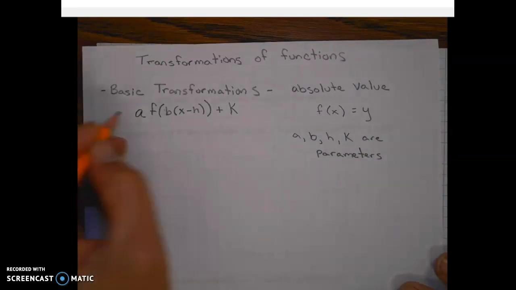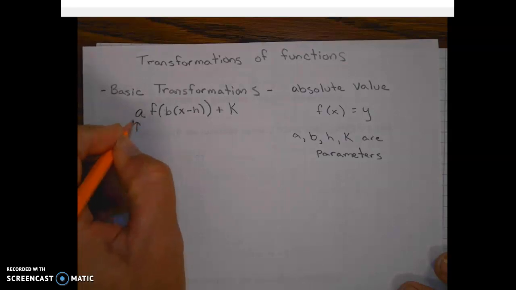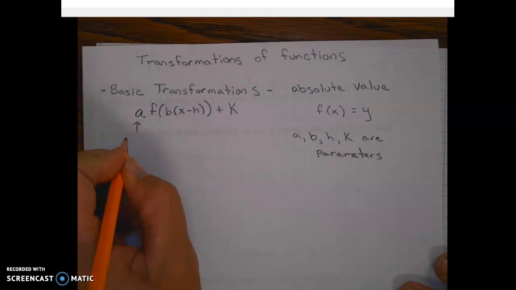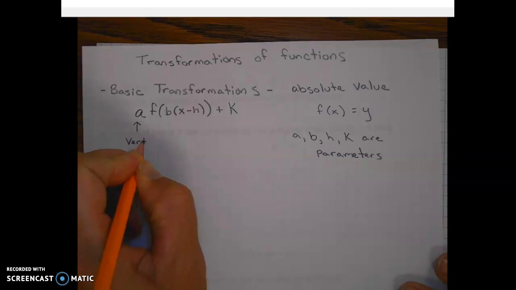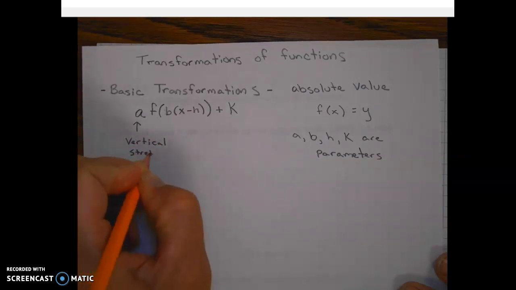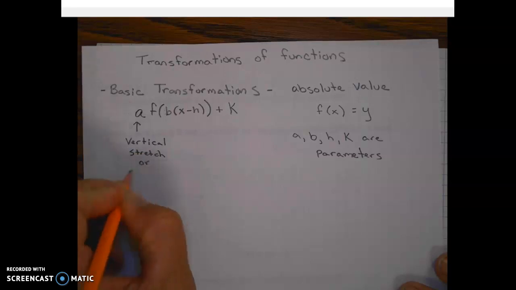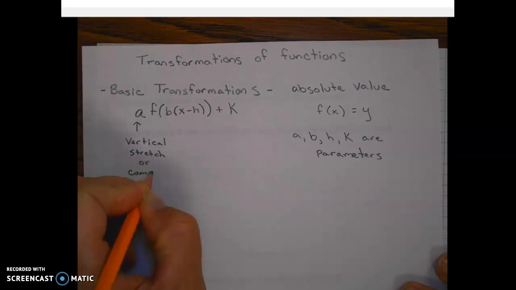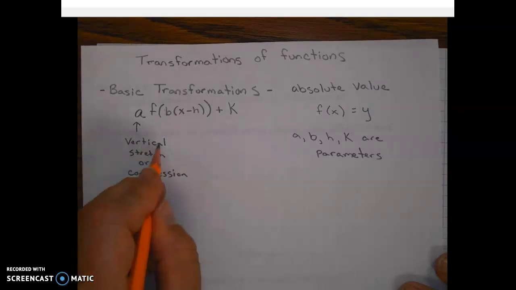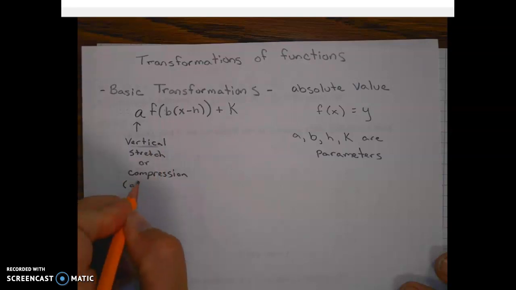First of all, the a value on the front that we're multiplying is going to determine whether or not we have a vertical stretch or compression. And since it's vertical, it's going to affect y.